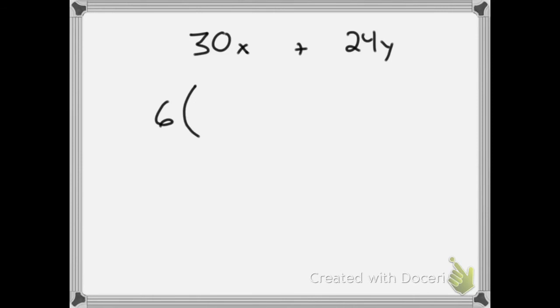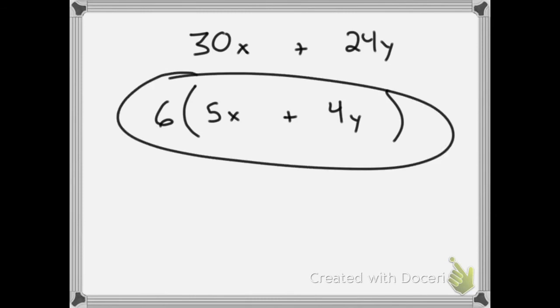Like I said before, if you're having issues with that, go back to the GCF video that I made. Well, 6 times 5 will get us to 30. We have the x. We didn't pull the x out because it's not common in both. And 6 times 4 will get you to 24. And then we have a y attached, and same thing as the x. It's not common in both, so we don't pull it out. So your final answer would be that right there.